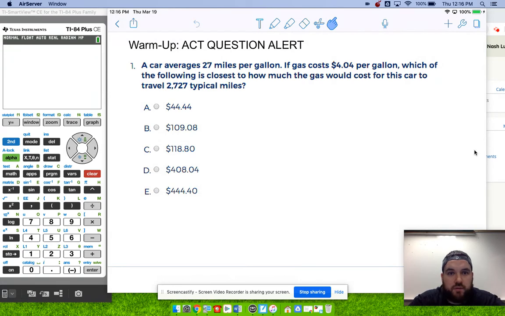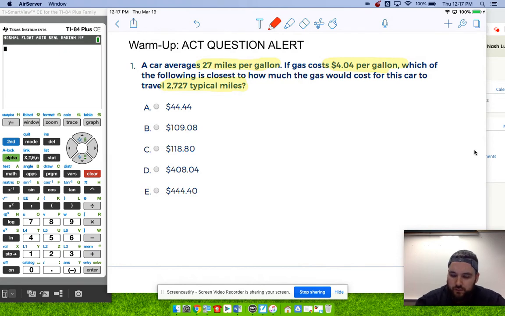It says a car averages 27 miles per gallon, and gas costs $4.04 per gallon. Which of the following is closest to how much the gas would cost for this car to travel 2,727 miles? Obviously with any multiple choice, we want to pull out the numbers: 27 miles a gallon, $4.04 a gallon, and our trip is 2,727 miles.